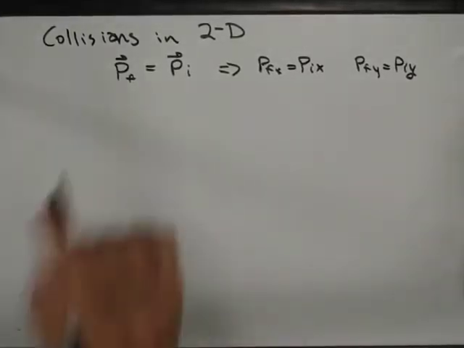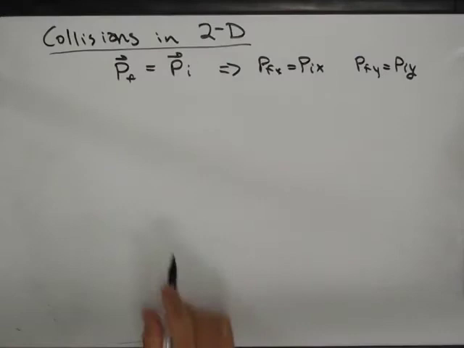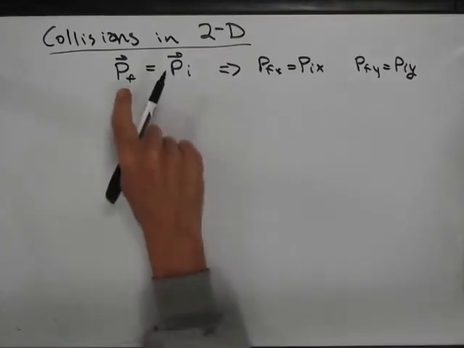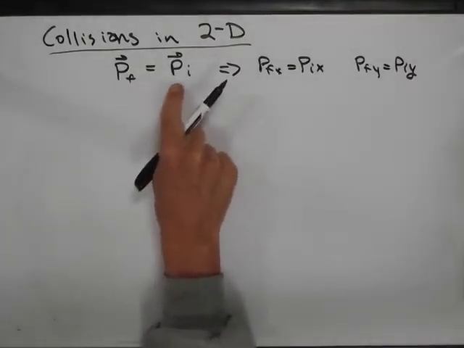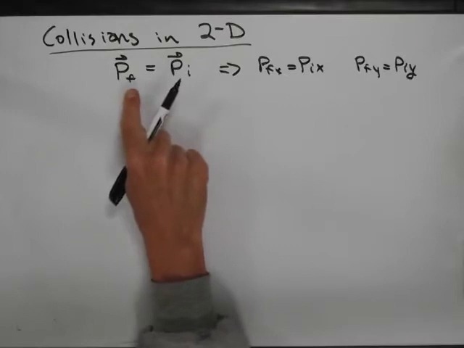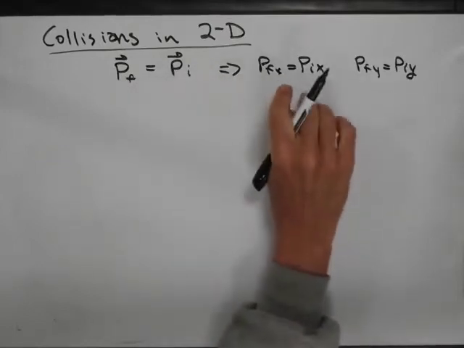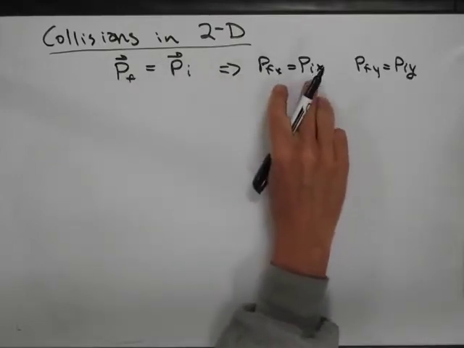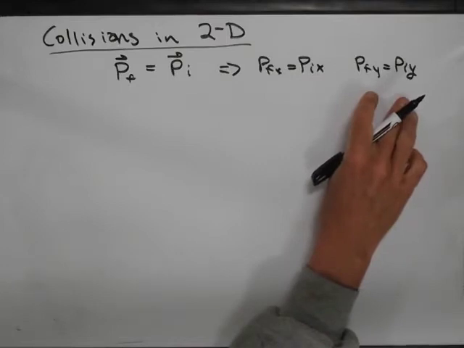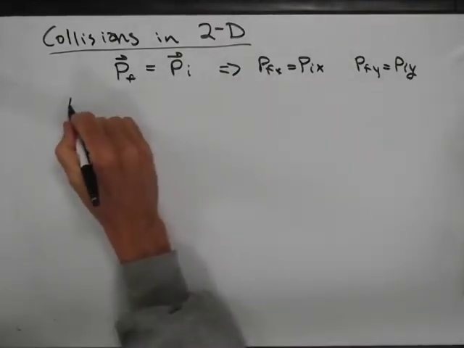So if you want to look at collisions in two dimensions, this is just like what we did with kinematics, motion in two dimensions. Conservation of momentum is a vector, and so conservation of momentum implies that momentum is conserved in the x direction and momentum is conserved in the y direction.